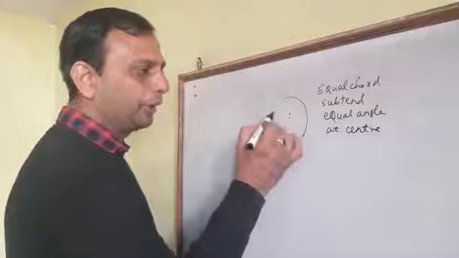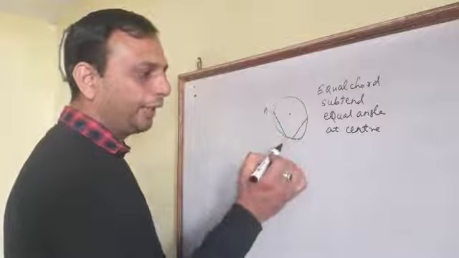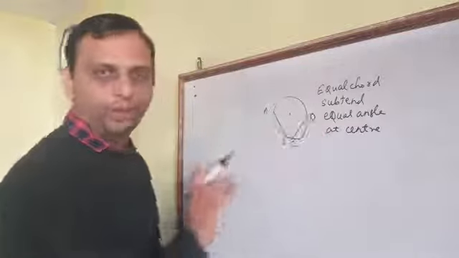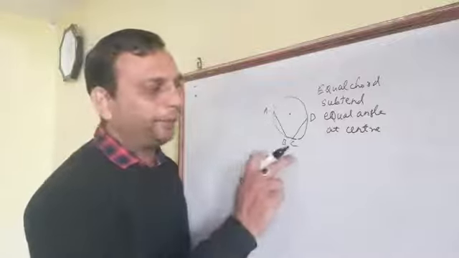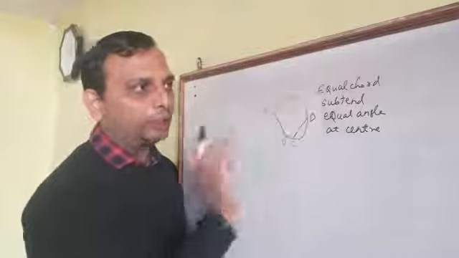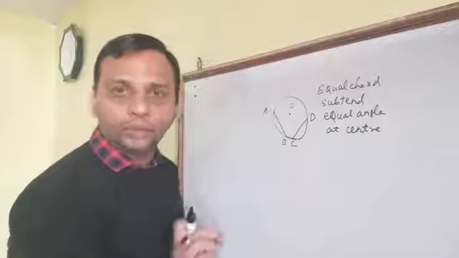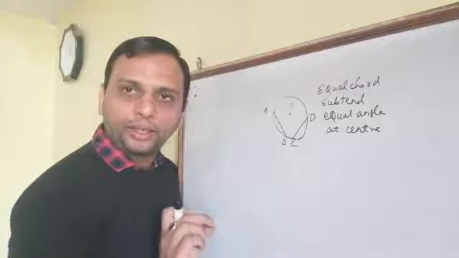Suppose this is the center, and AB is one chord and CD is another. I already told you a line segment joining two points on the boundary of a circle is called a chord. O is the center. According to this theorem, if the chords are equal, then they will make equal angles at the center.